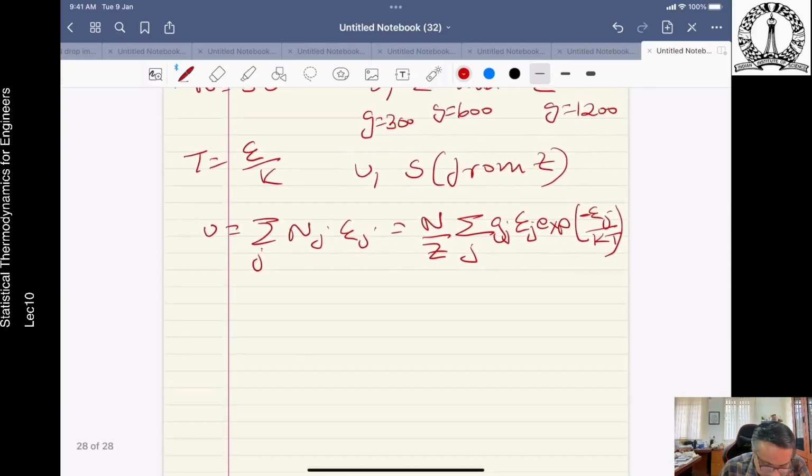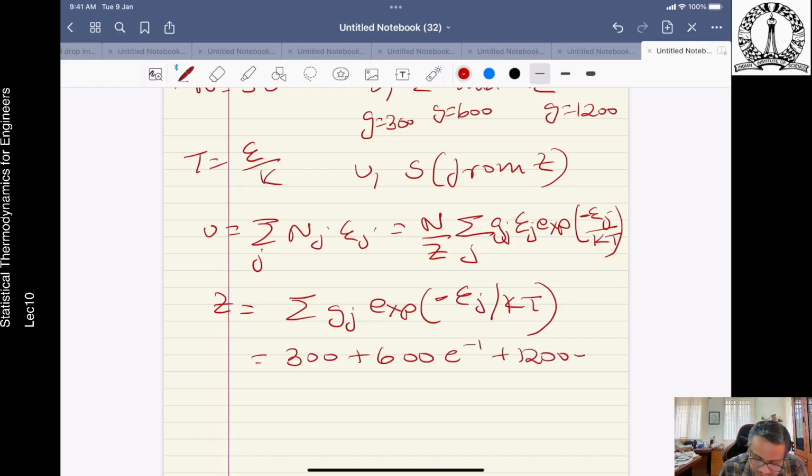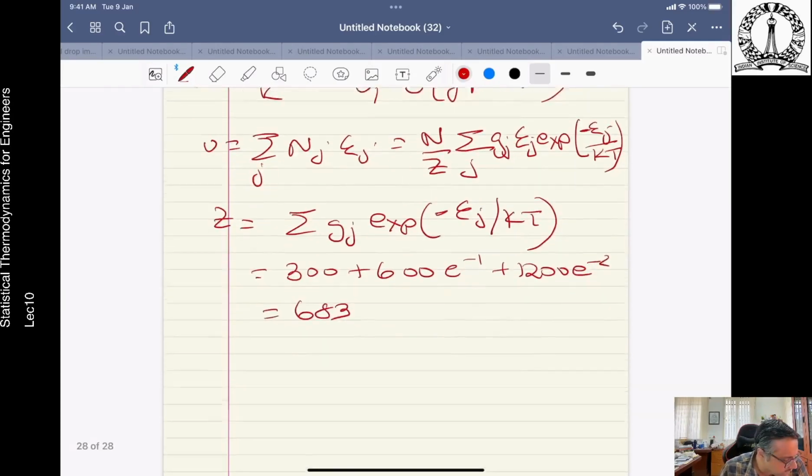So z is equal to summation gj exponential minus ej by kt, which is equal to 300 plus 600 e to the power of minus 1 plus 1200 e to the power of minus 2, which is equal to 683.